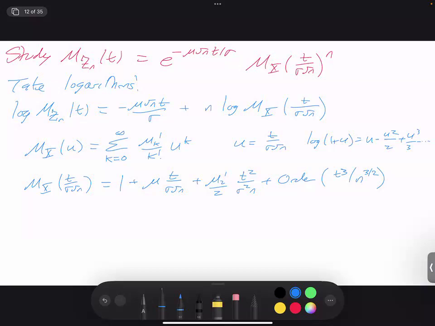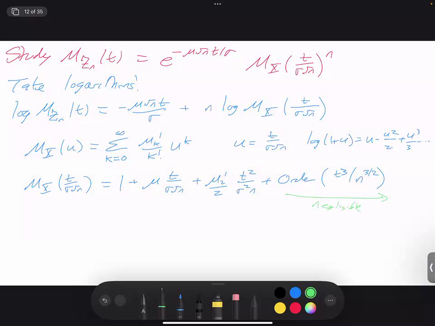If you look at u, t over sigma is fixed. Every time you take a higher power, you get another square root of n. So all of this is going to be at least n to the 3/2, n to the 4/2, n to the 5/2, and n to the 6/2. You can show that the contribution of these is negligible.